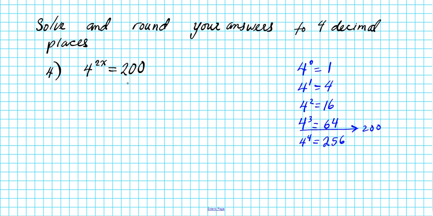In cases like this, you will have to use a calculator to find the answer. You will get an approximate result. So in order to power down this exponential term to x, we can either use the common log, log base 10, or the natural log, log base e.